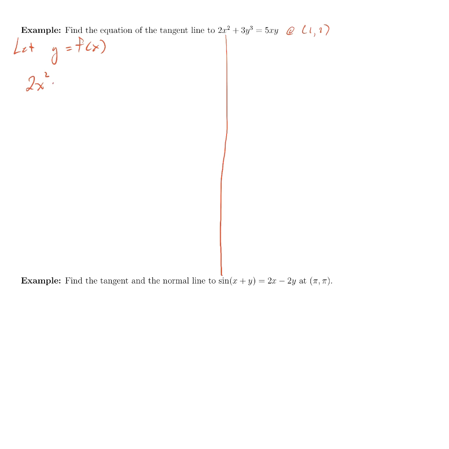So we get 2x squared plus 3 times f of x cubed is equal to 5x times f of x. I'll show you the other notation down below. All right, and so now we're going to take derivatives.